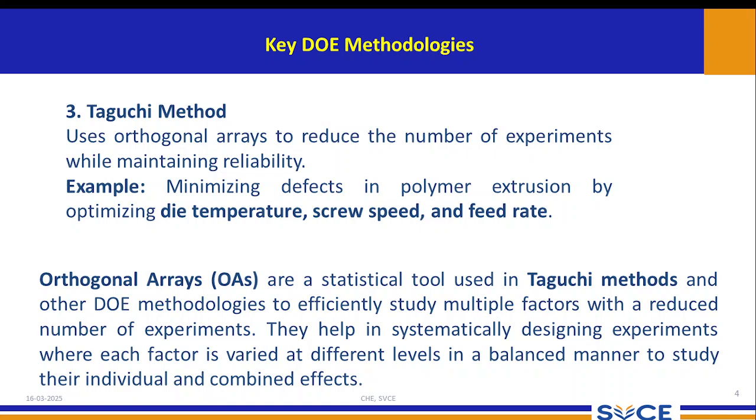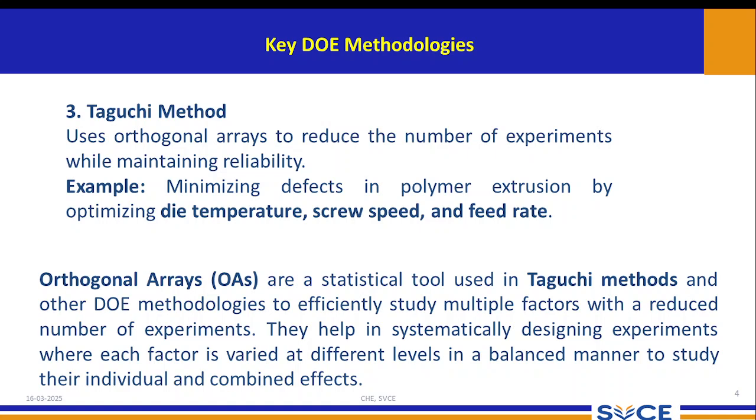We need to decide the number of experiments in the design, so that accordingly we can do the experiments and get the relationship, changing the independent variable to get the dependent variable. Orthogonal arrays help in efficiently studying multiple factors with a reduced number of experiments. They help in systematically designing the experiments, with each factor varied at different levels in a balanced manner, to study their individual and combined effects.